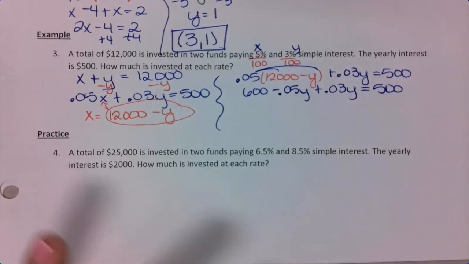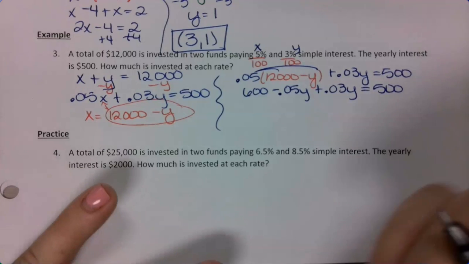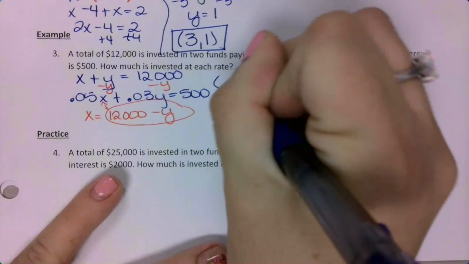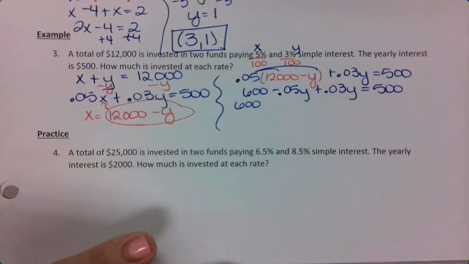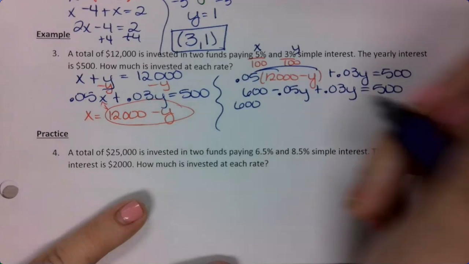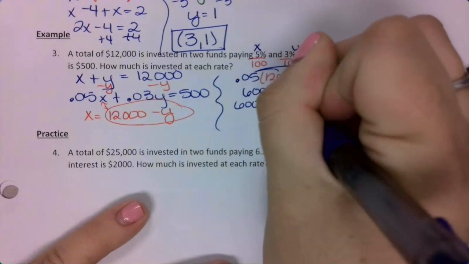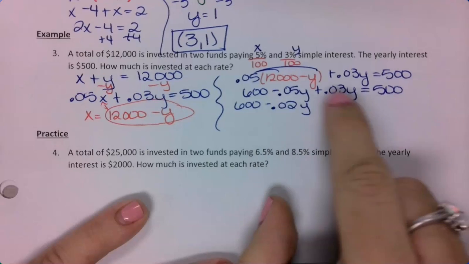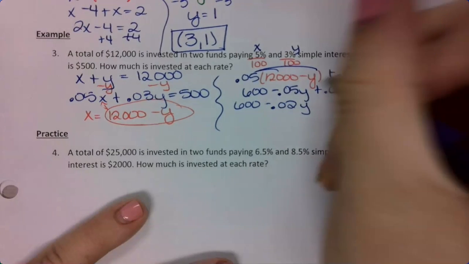This still equals 500. I combine them? Okay. So what's negative 0.05 plus 0.03? Negative 0.02 because they have opposite signs and they keep the sign of the larger.